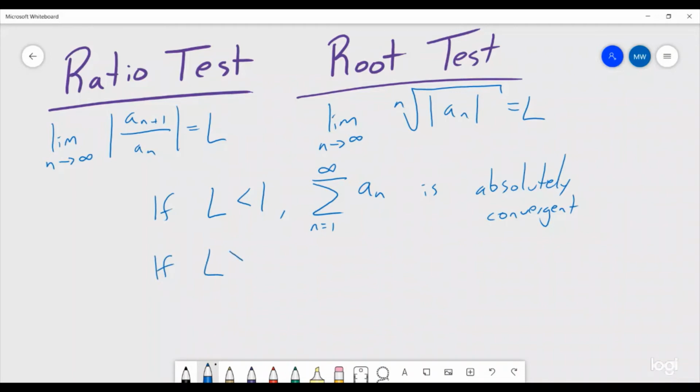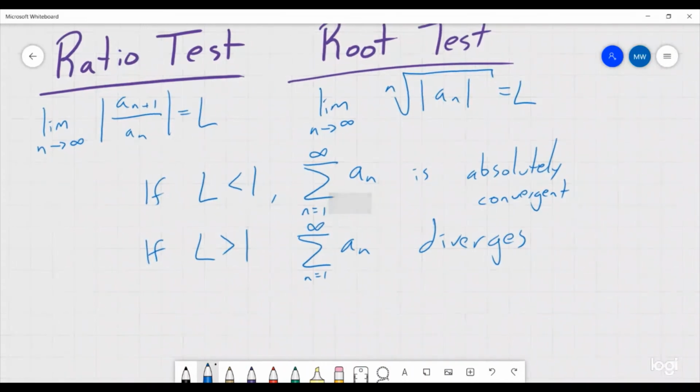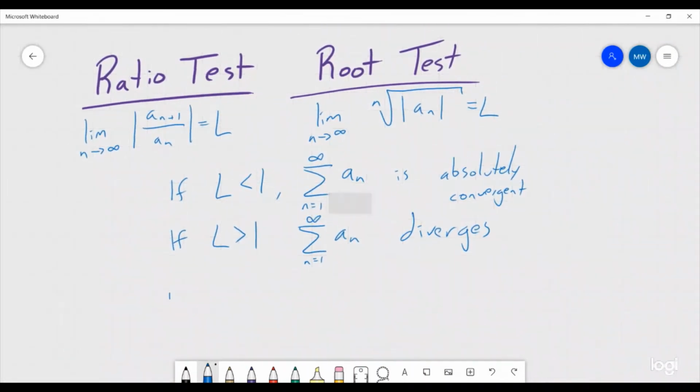If L is greater than 1, then the sum from n equals 1 to infinity of a sub n diverges. And the last case is if L equals 1, we got none.